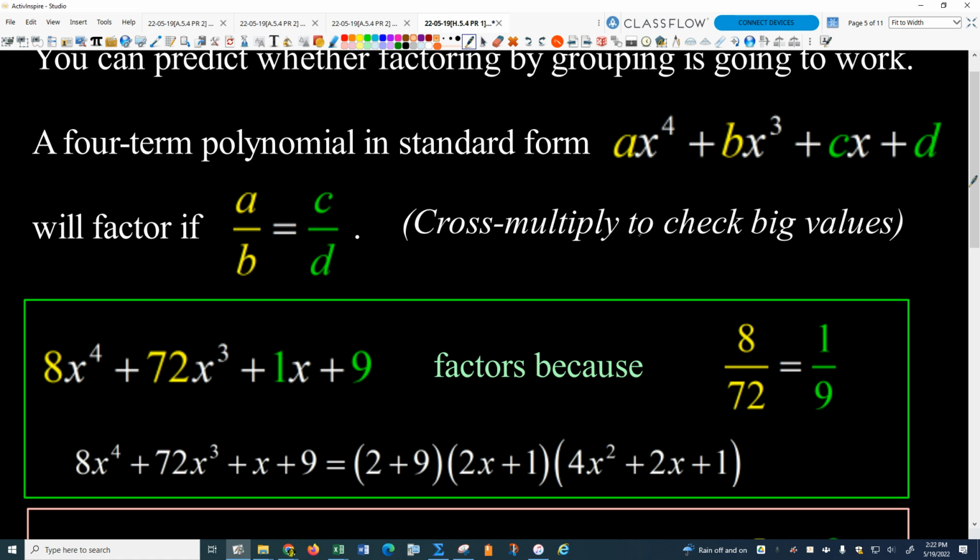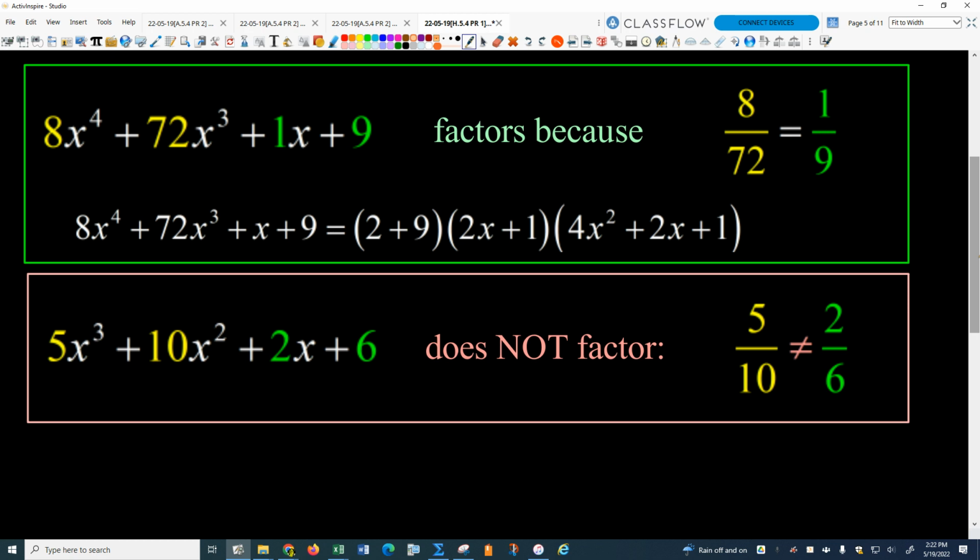That's it. Okay? So for example, if we wanted to look at this example right here, see if this one would work. Should we factor by grouping? Well, 8 divided by 72 would have to equal 1 divided by 9, which it does. So grouping is guaranteed to work. If the numbers are big, sometimes it's hard to tell if the fractions are equal.